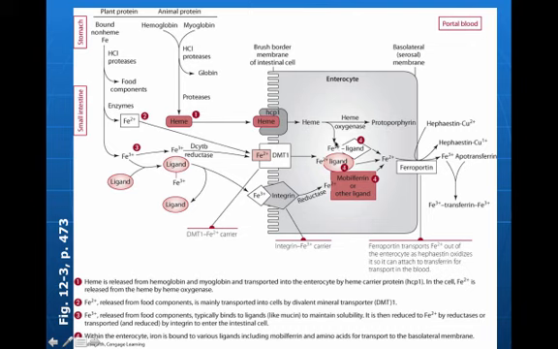The iron then binds a variety of ligands. And remember, in cells, iron is typically always bound to some type of ligand or protein. And you can refer to proteins as ligands as well. The iron is going to be in its reduced form at that point, so it's ferrous iron.